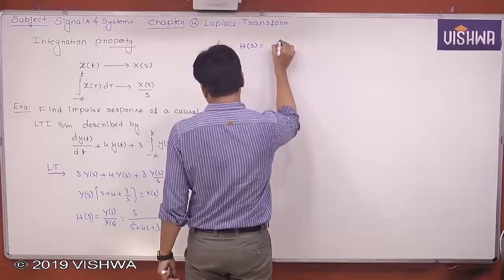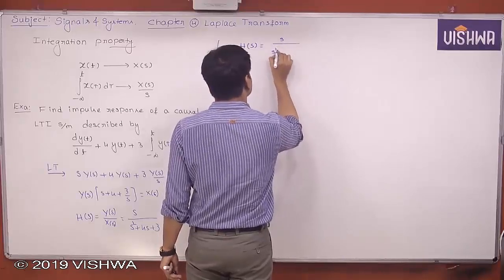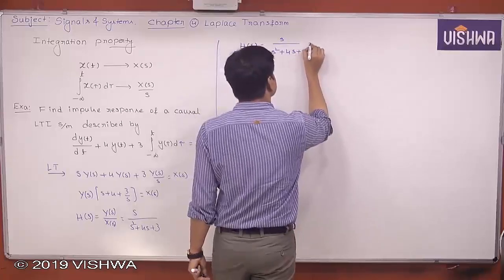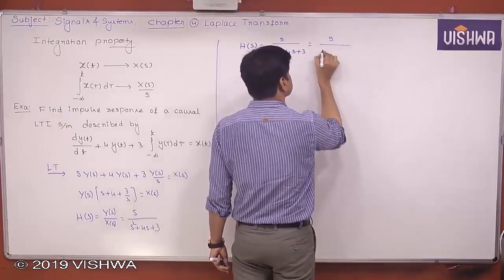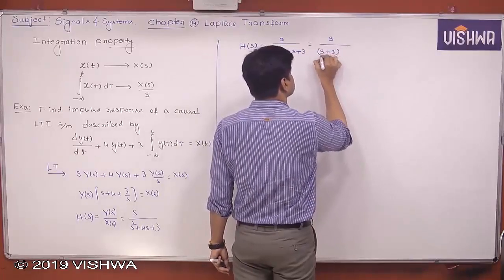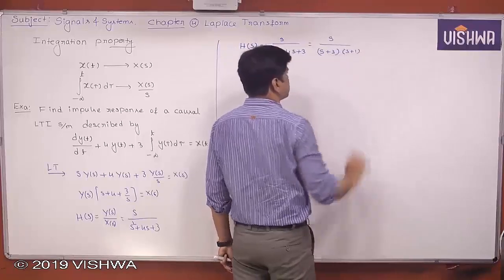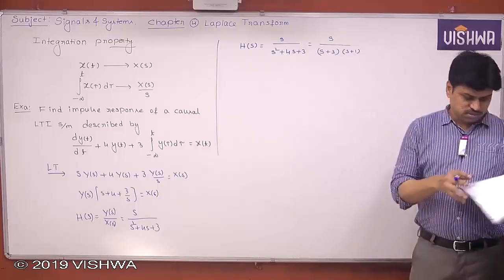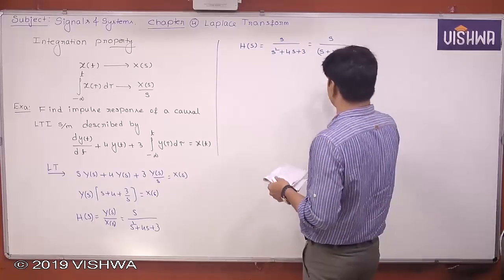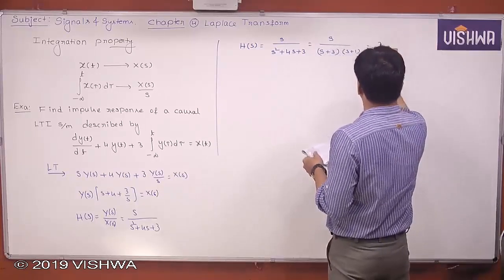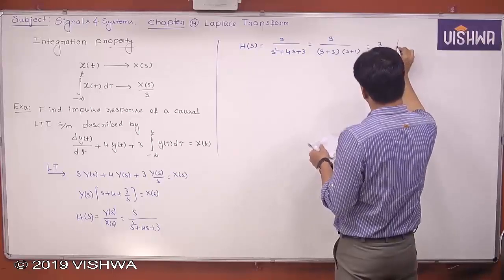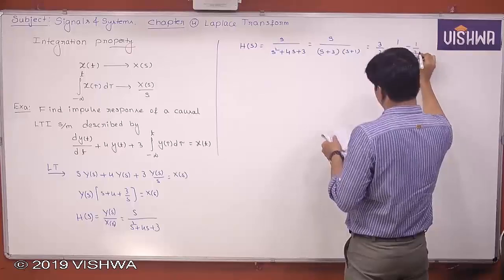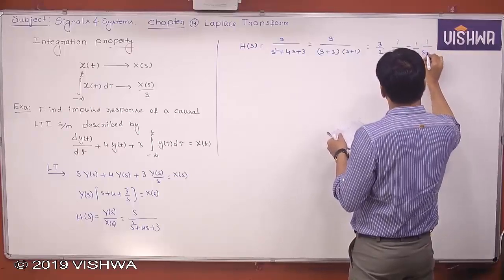This can be factorized as (s + 3)(s + 1). Once we factorize this, we have partial fractions, which are like this: 3/2 times 1/(s + 3) minus 1/2 times 1/(s + 1).